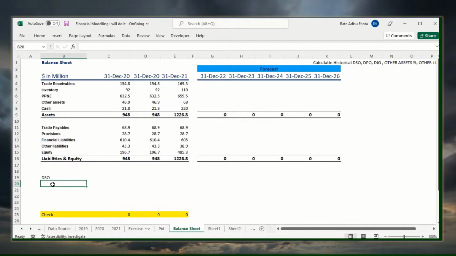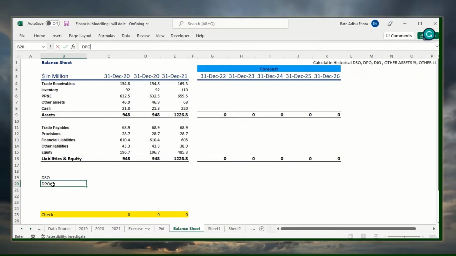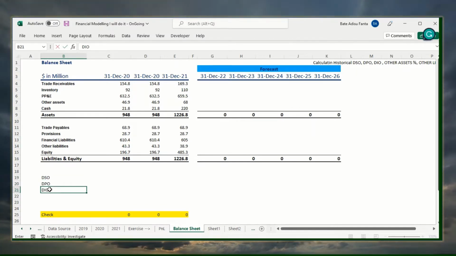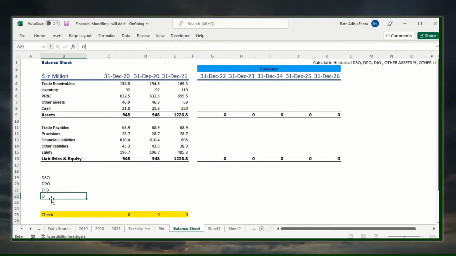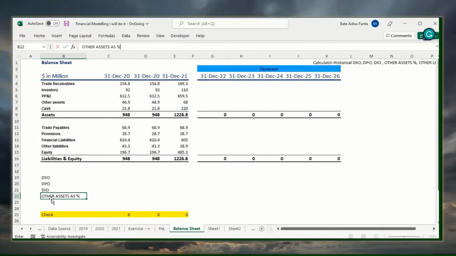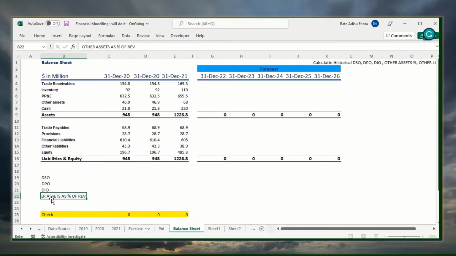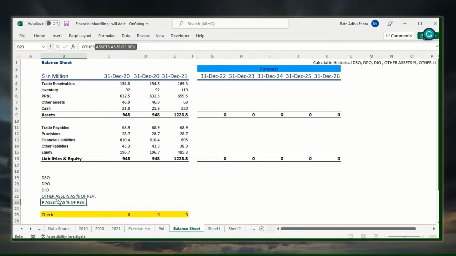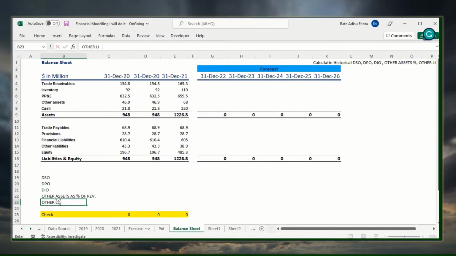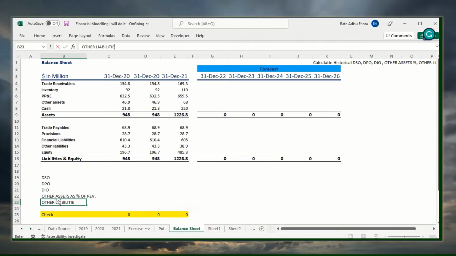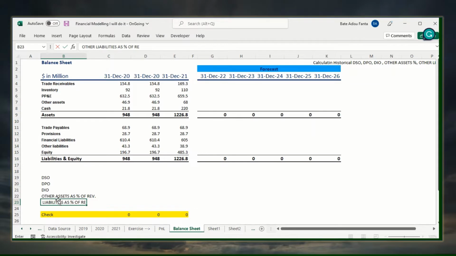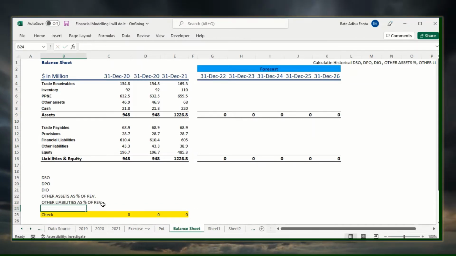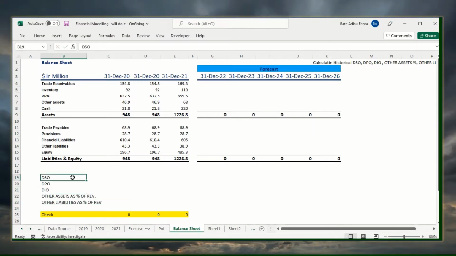Don't worry, we'll discuss what is all about DSO, DPO, and DIO, and other assets as percentage of revenue, and other liabilities as percentage of revenue.